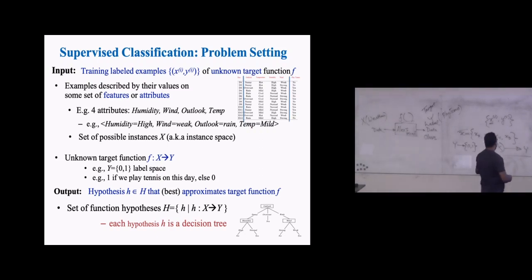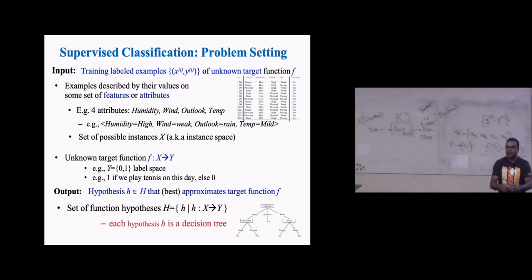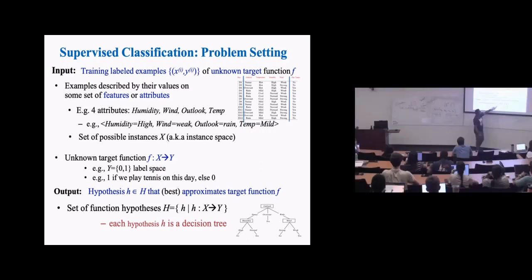As we said, we have many different trees that can explain this data. That basically means we have many possible hypotheses that we can test. Each tree is a possible hypothesis. Maybe not all of them are good, obviously they are not, but they are candidate hypotheses. What we are trying to do is find the hypothesis that best approximates the target function, so that it is consistent with the data.